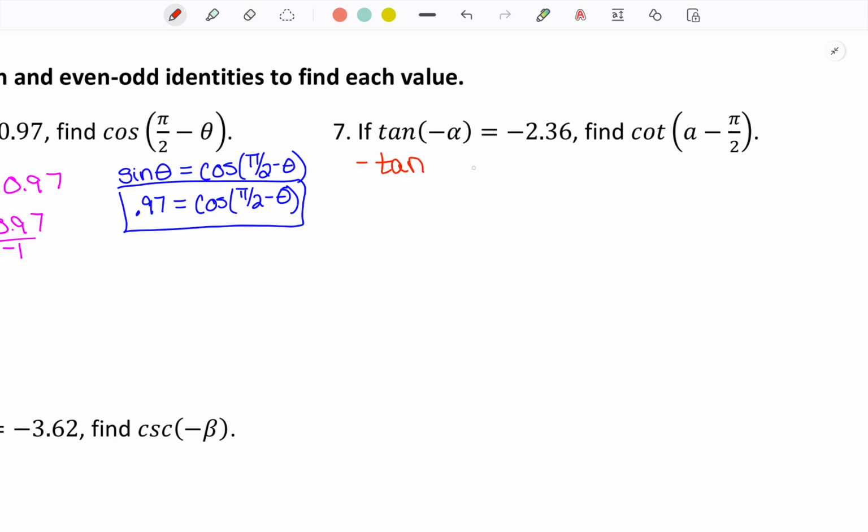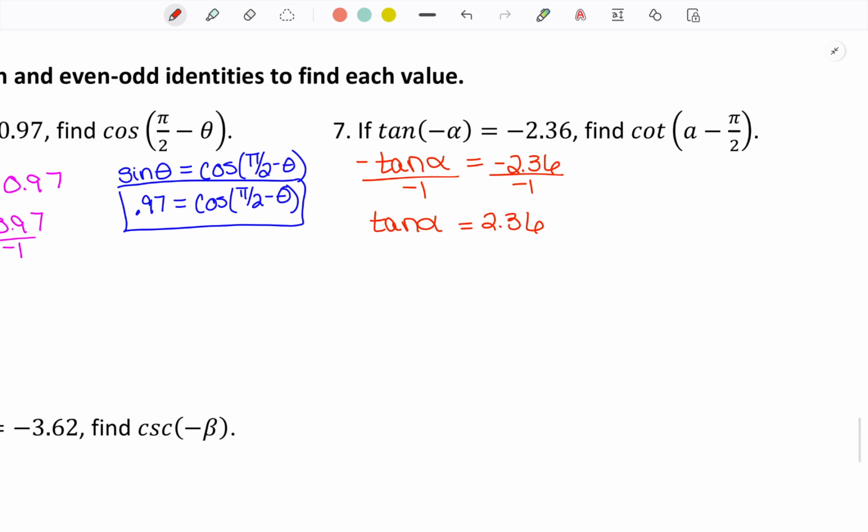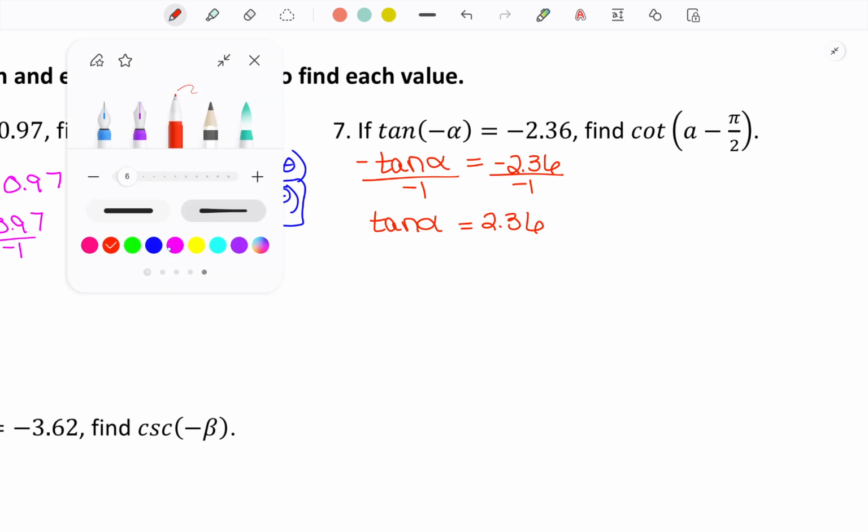We have the tangent of alpha equals negative 2.36, and now we can divide by negative 1. So we have tangent alpha equals 2.36. And then we are going to use that in our cofunction identity.